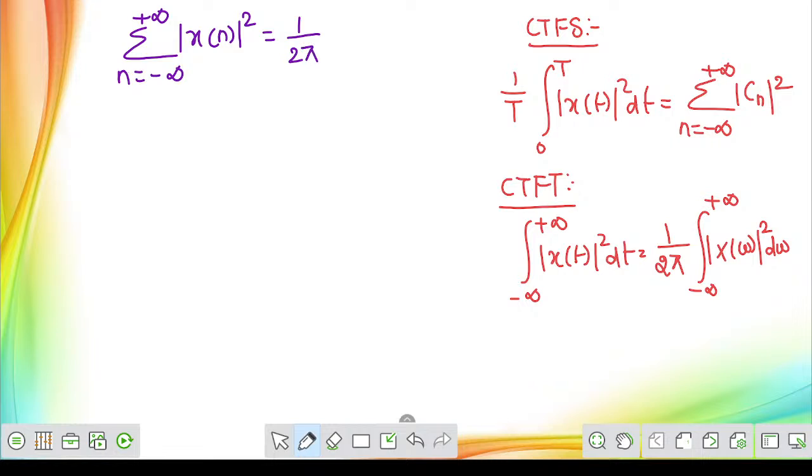So here in the discrete domain you have periodicity 1 by 2 pi, and you go from minus pi to plus pi, mod of X of e power j omega whole square into d omega. That's it. So this is the Parseval theorem formula when we are doing the same thing in discrete time Fourier transform.